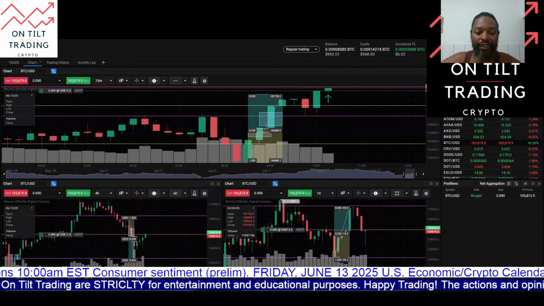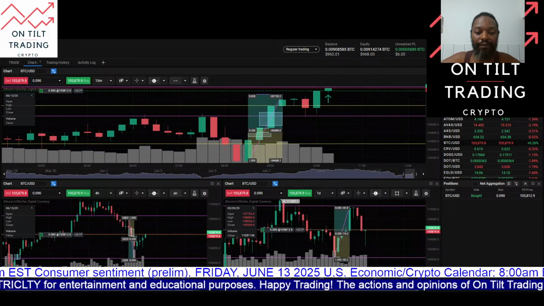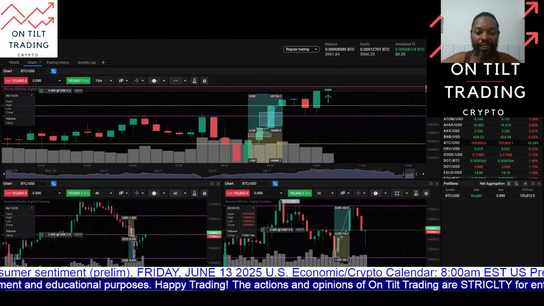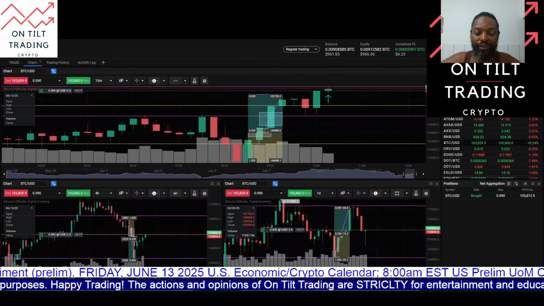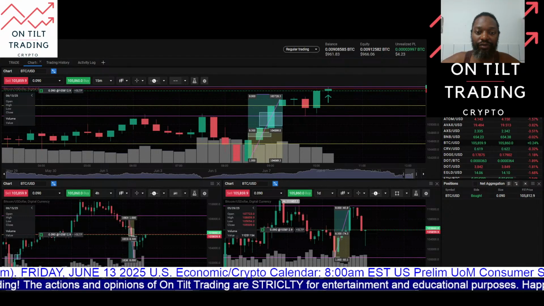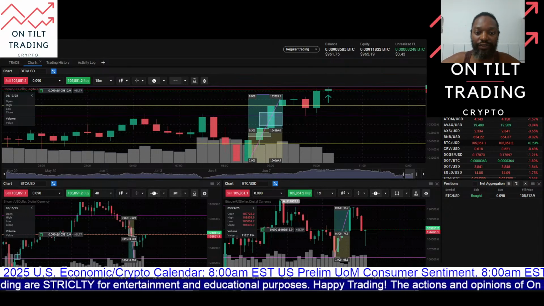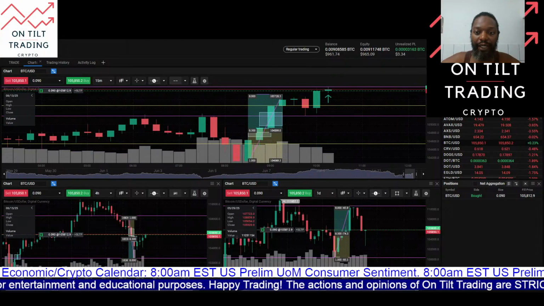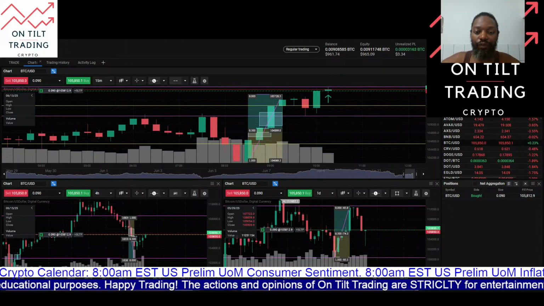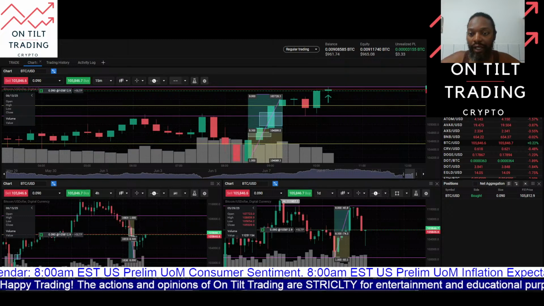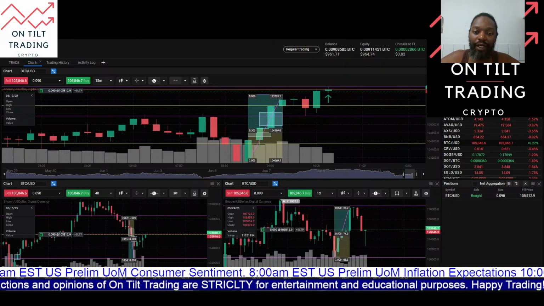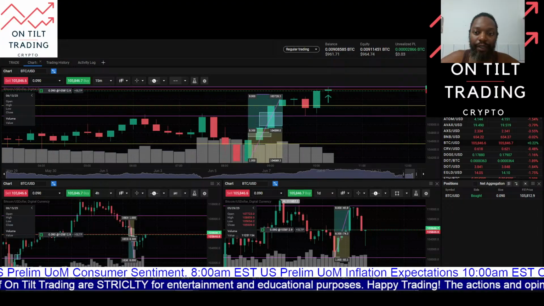So I'm using this as my Fibonacci level in setting a range, and using this candle as the other end of the range for the Fibonacci once the pullback starts. And then once the pullback starts, I'm looking for another order block to form.